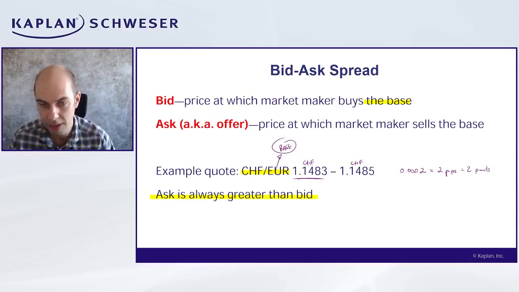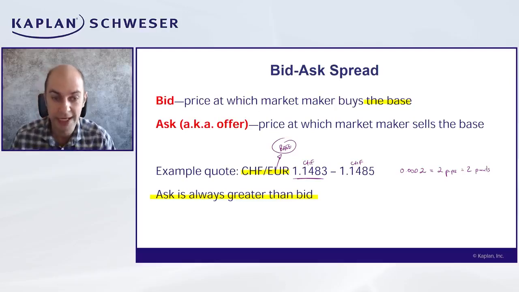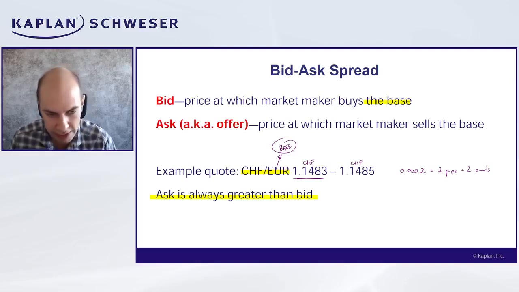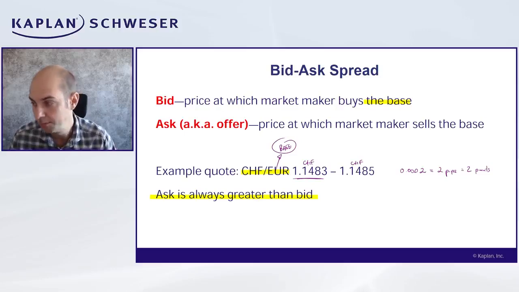Keep thinking about the base, not the numerator currency. So you're buying the base. That's from the point of view of the market maker.